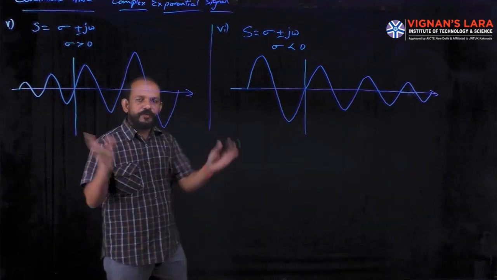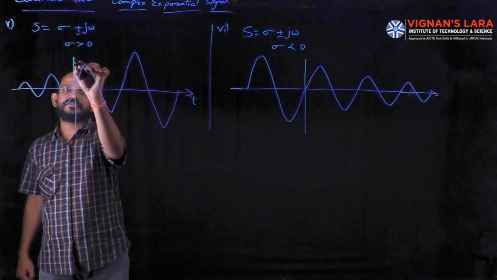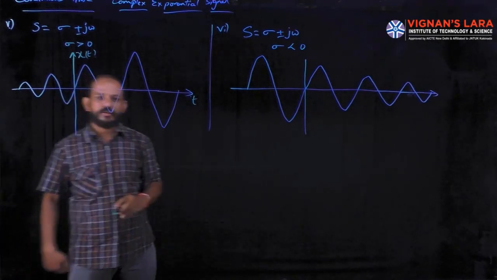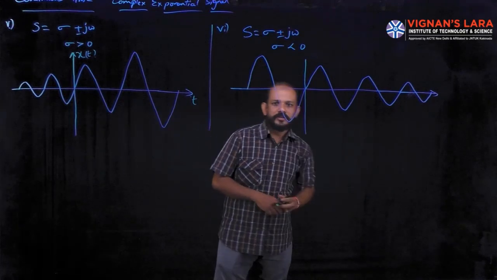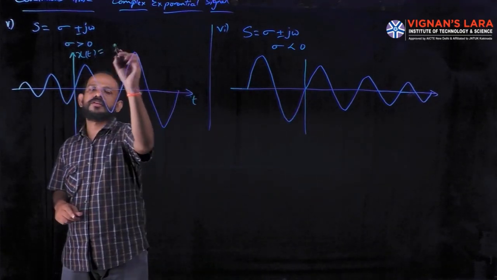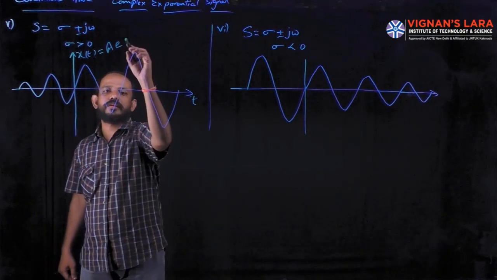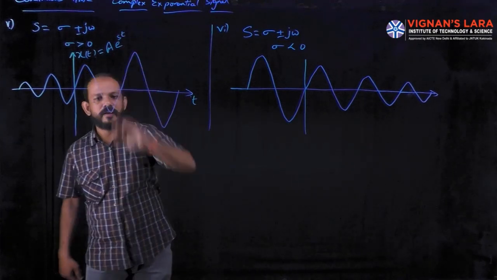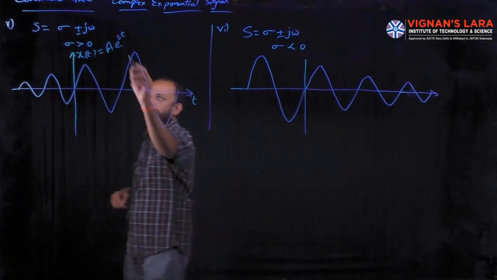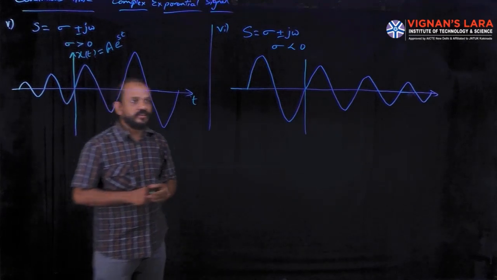So for both the cases, on x-axis we will consider t, on y-axis we will consider x of t. So we all know what x of t is: x of t equal to a into e power st, where s equal to sigma plus or minus j omega and sigma is greater than 0.